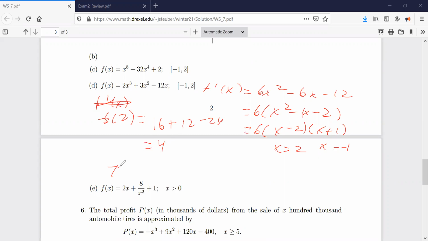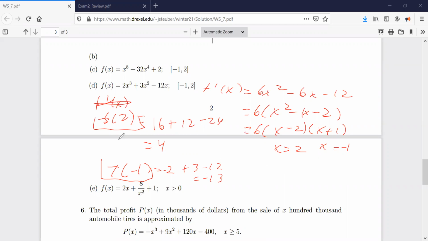And then f of -1 is going to be equal to -2 plus 3 minus 12. So that's equal to -13. So that tells me that we get the min at f of -1. So that's the absolute min, and the max at f of 2.